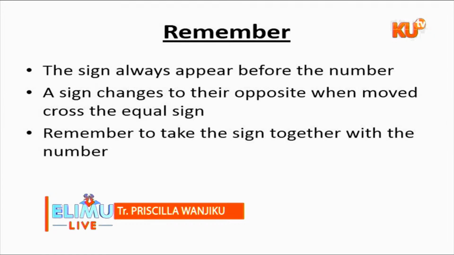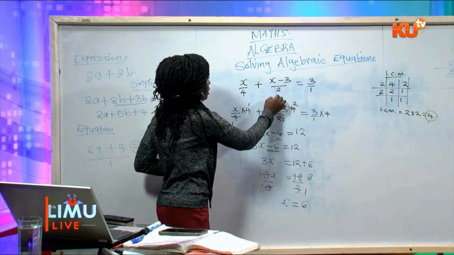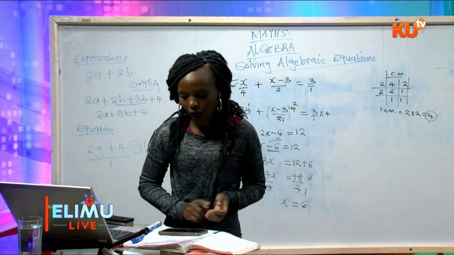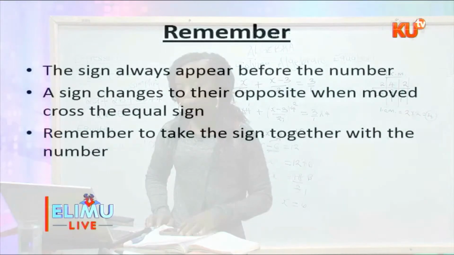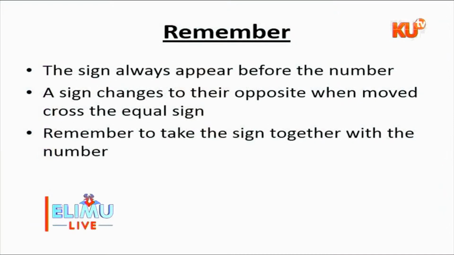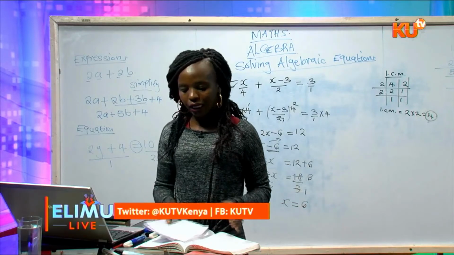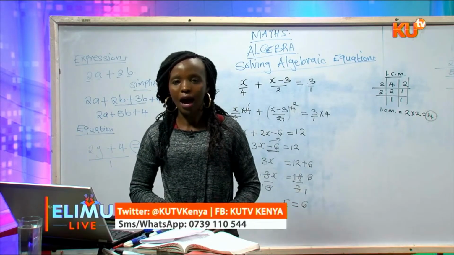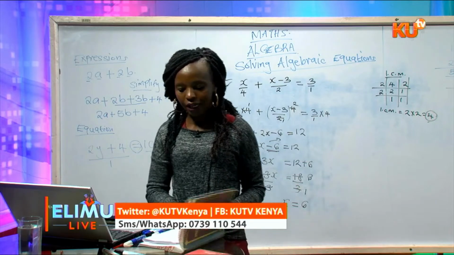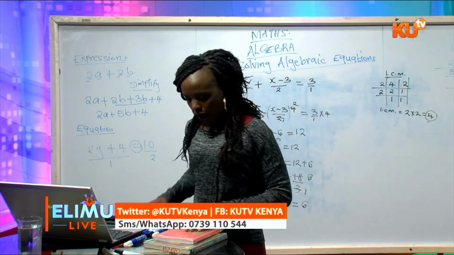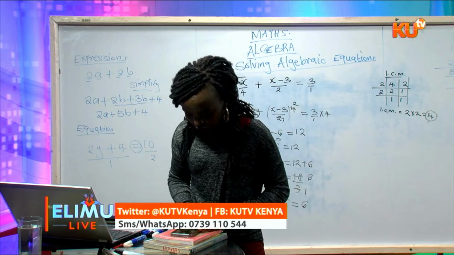For example, if it is this fraction here, this sign belongs to this fraction. And lastly, remember to take the sign together with the number when you are taking it to the other side of the equal sign. With that, you will be able to calculate and get the values of the unknown. So I hope you have all enjoyed the lesson and you can be able to follow up.